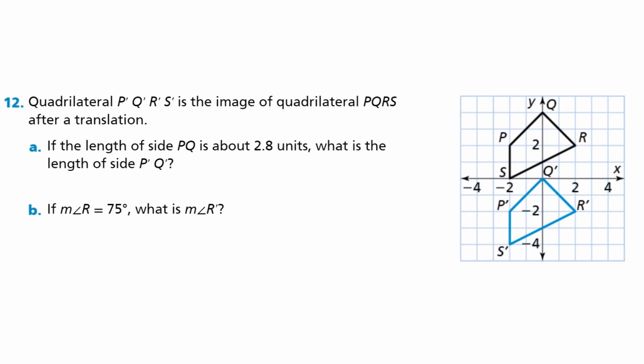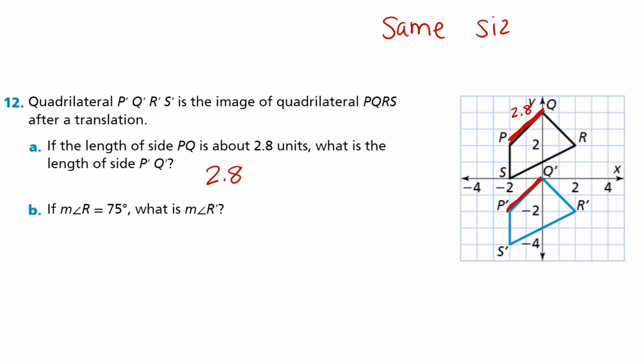Number 12, quadrilateral P prime, Q prime, R prime, and S prime is the image of quadrilateral PQRS after a translation. In part A, if the length of side PQ is about 2.8, what is the length of side P prime Q prime? It would also be 2.8 because, again, the shapes are the same size.